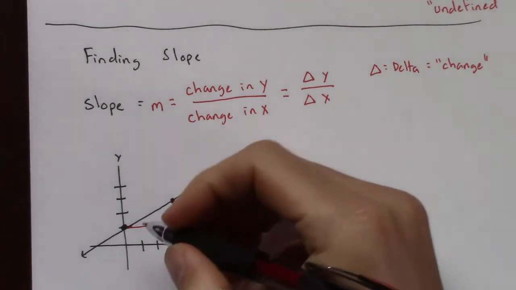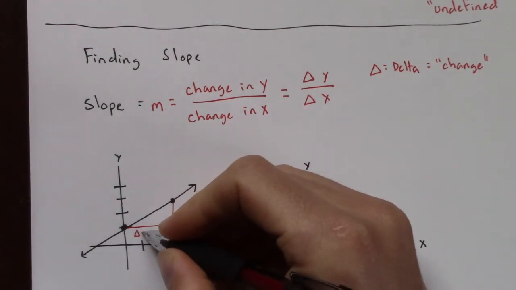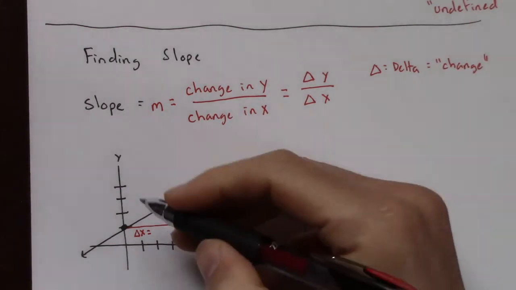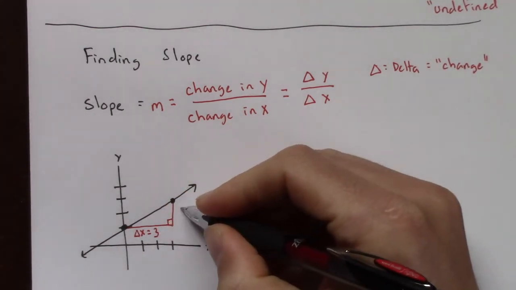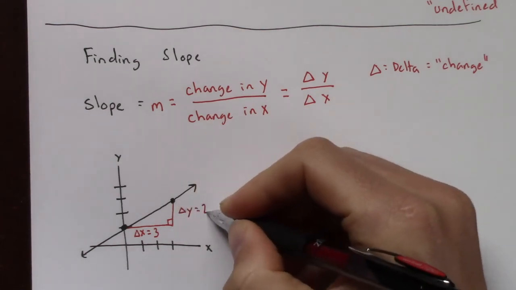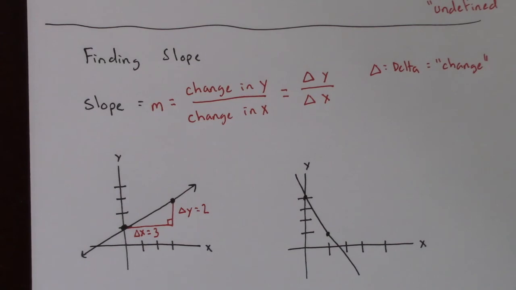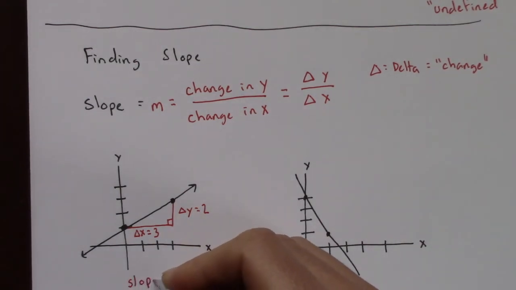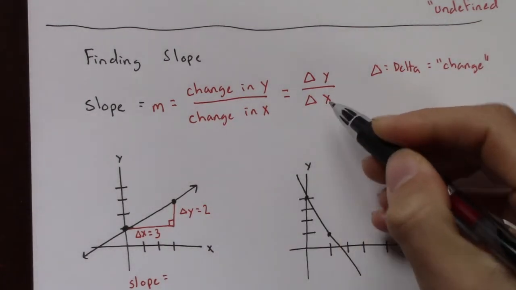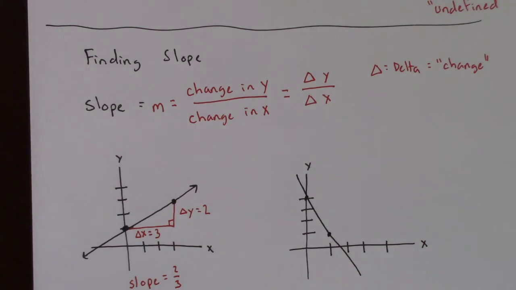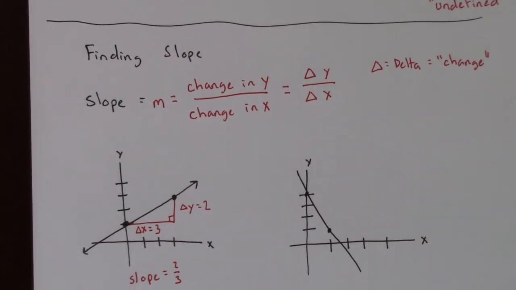So for this particular case, my change in x would be equal to 1, 2, 3 units, and my change in y would be equal to 1, 2 units. And so if I wanted to find the slope for this problem, my slope is merely going to be the change in y over the change in x, or 2/3. Notice that my number is positive, which matches what we talked about previously.